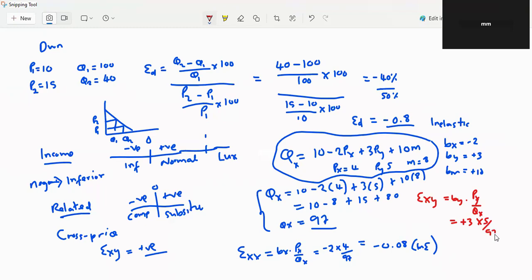So this will give us what? 3 times 5 is 15. 15 over 97 is positive 0.15. So here we're interested in the sign. The sign here is telling us that it's a positive cross price elasticity. So what is our comment? It's a substitute good.